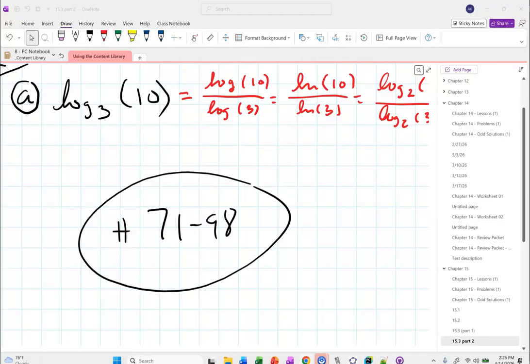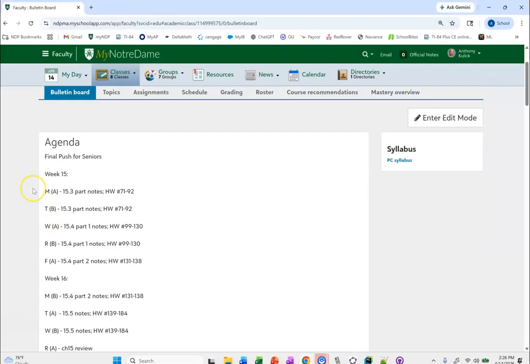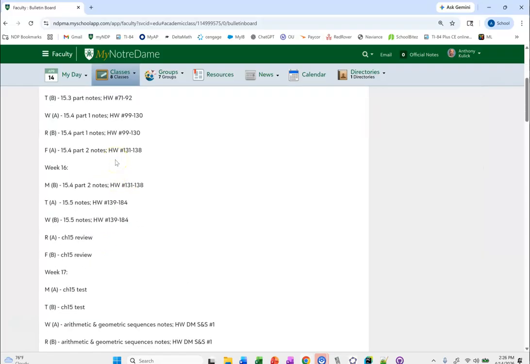If you are a senior, you might have noticed that on the agenda page I have the tentative schedule for the end of the semester. We'll see about the chapter 15 test date. Again, this is all tentative.